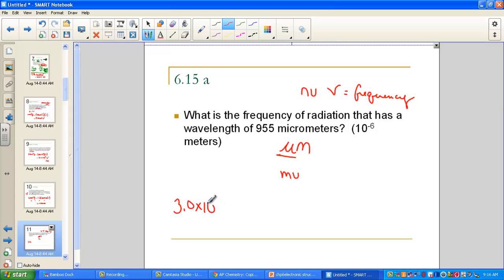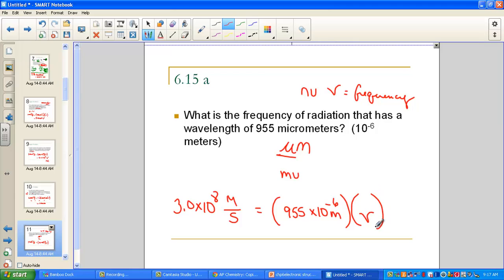So 3.0 times 10 to the 8th meters per second is our speed of light constant. It is always equal to the wavelength times frequency. Here we're given the wavelength of 955 micrometers. Micrometers are taken care of with that -6 power.